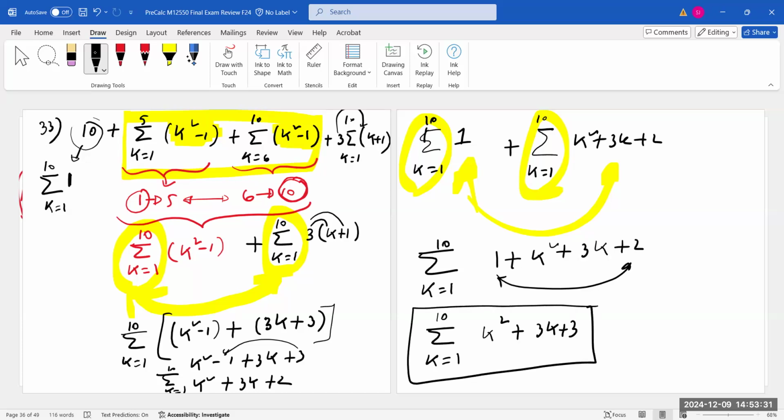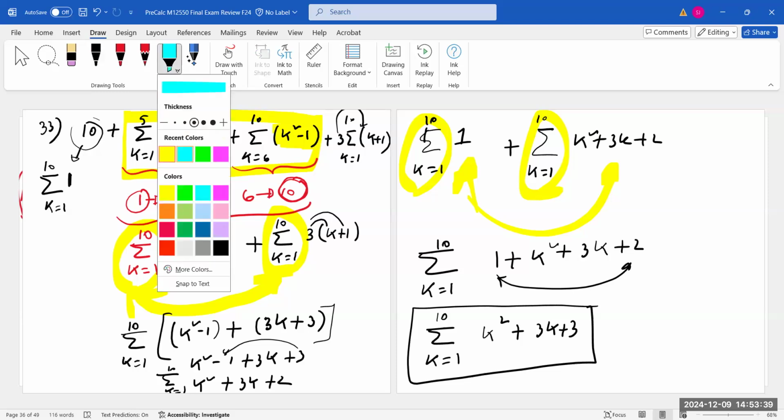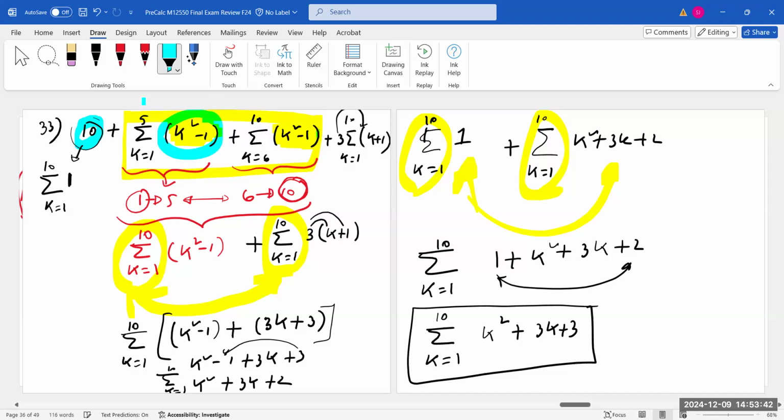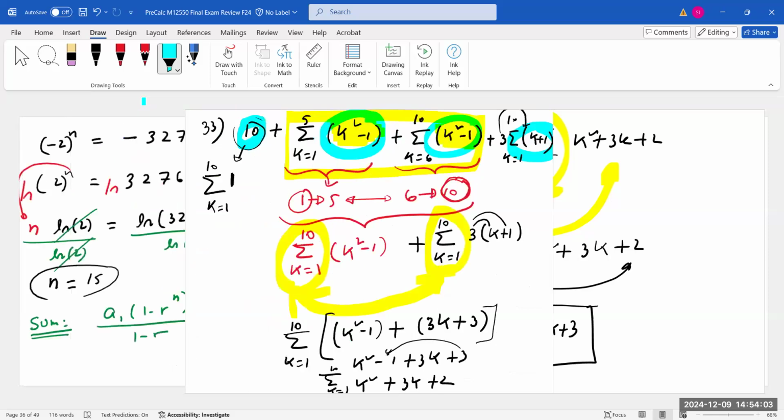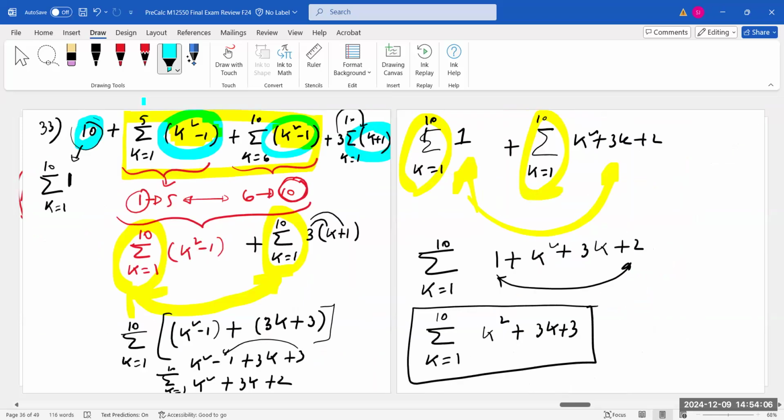This is what they're asking: combine all the sums into one single sum. So we combine 4 sequences by writing their sum notation only once. Clear? Good question, because you're going to see this today in your classroom. Let me go back to my review.